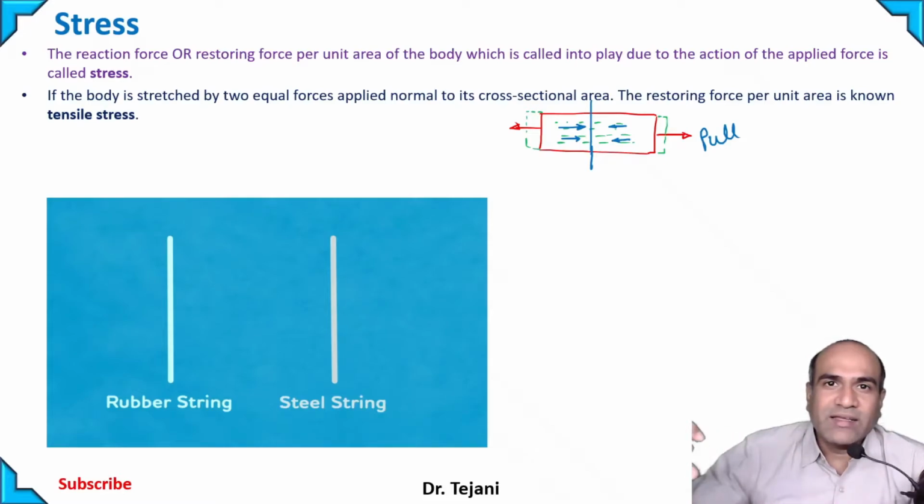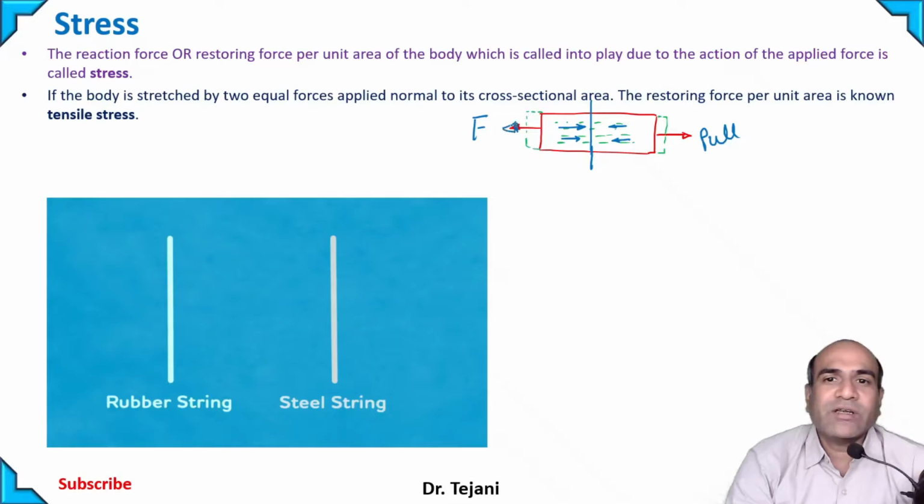This load, P or F, applied in the outward direction, is known as tensile load, and the stress generated inside the body is denoted by sigma T, or simply sigma. That is known as tensile stress. I will also come to the case of pull on a single side later.